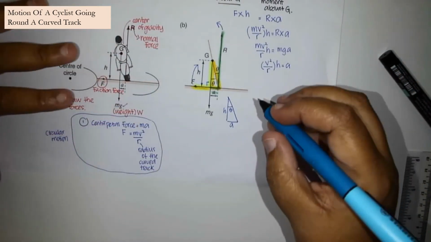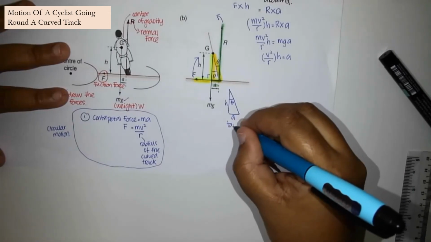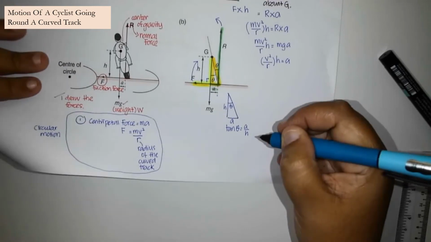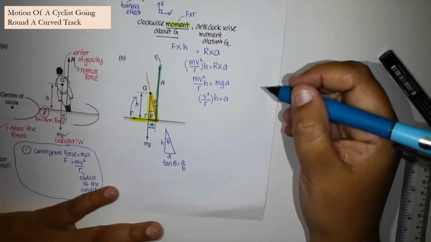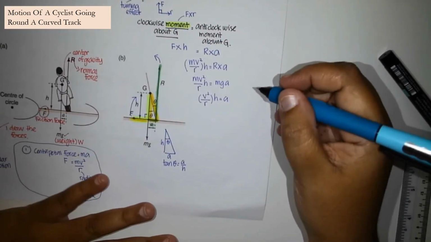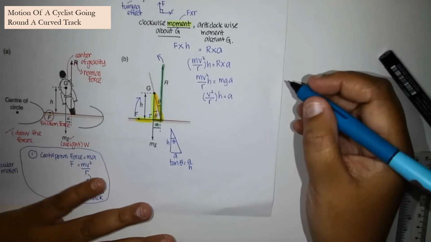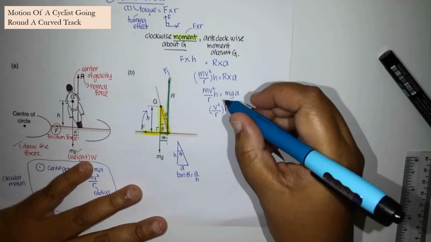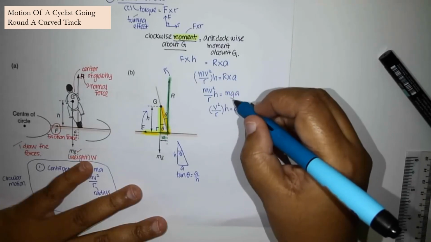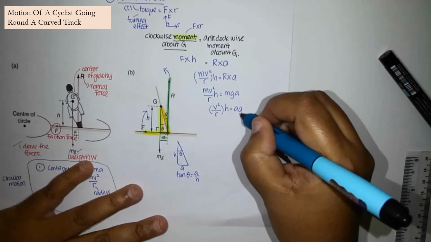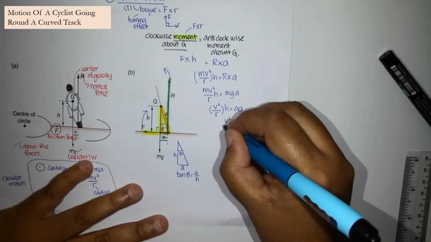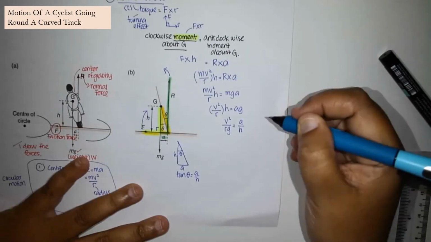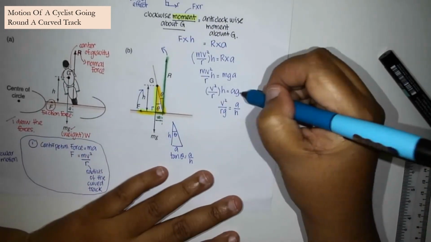So tangent theta equals A over H. Wait, I missed out my g, mg. Sorry, I missed out my g here. So it will be v squared over Rg equals A over H. Correct? I missed out my g.